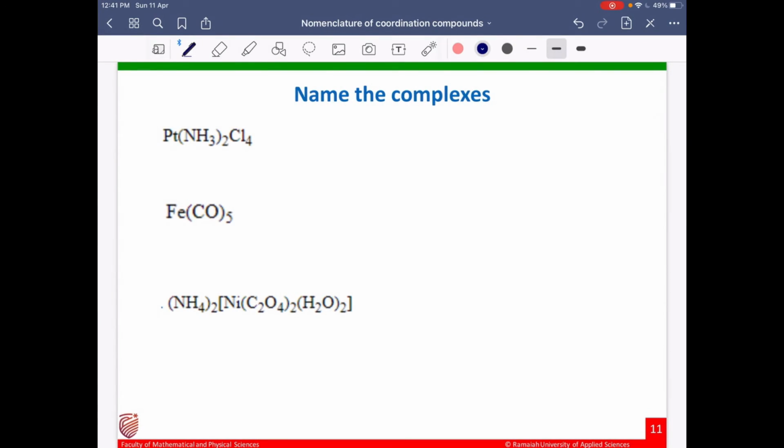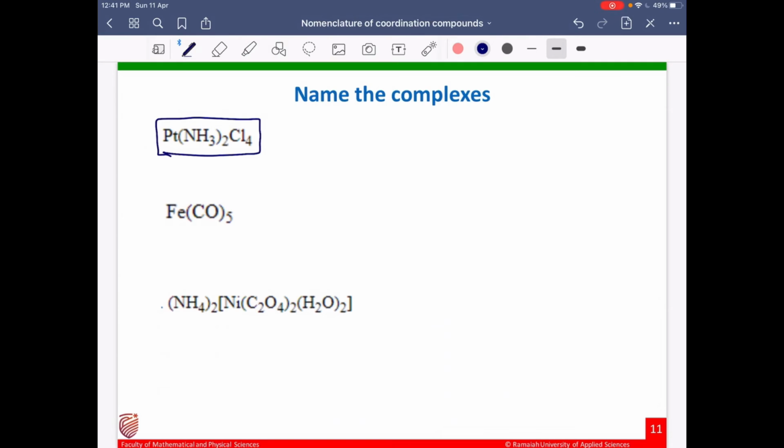Next example, [Pt(NH3)2Cl4]. How will we name the complex? So I'm splitting it. You see the structure now. Only the complex part is present.